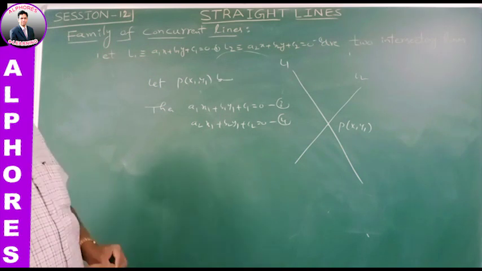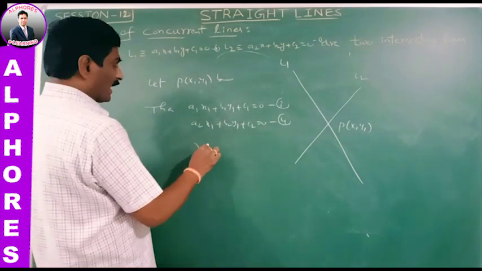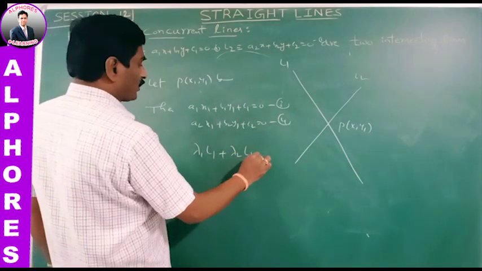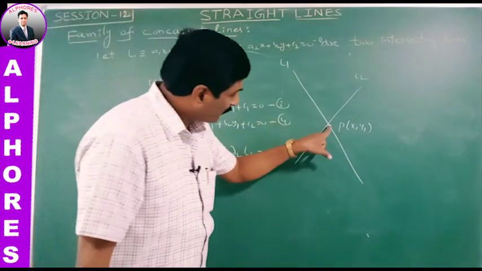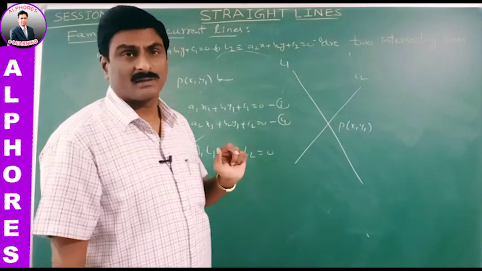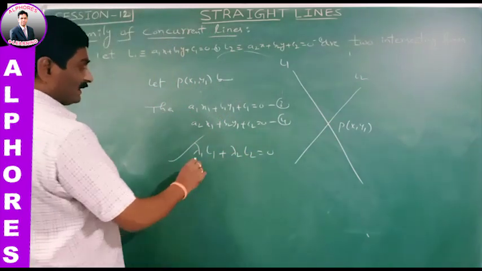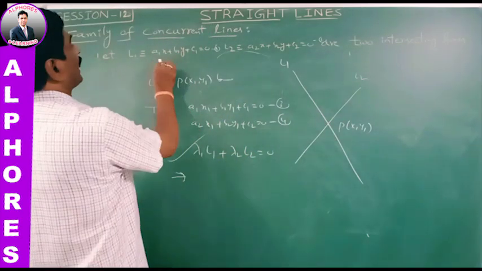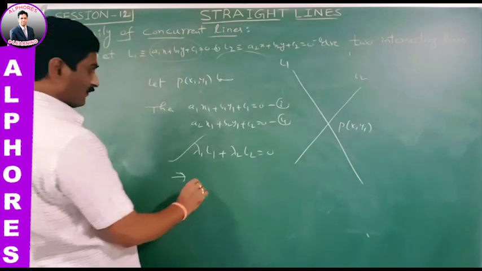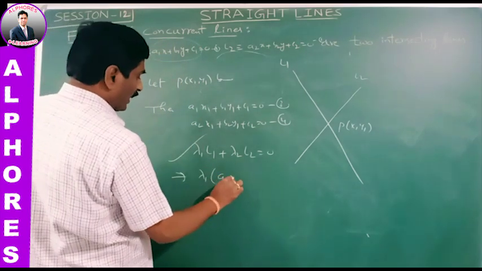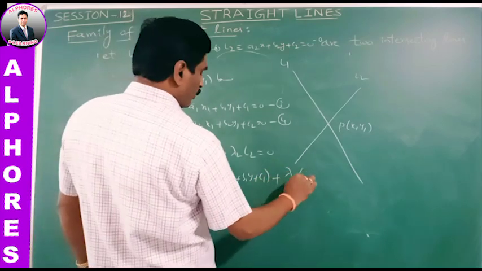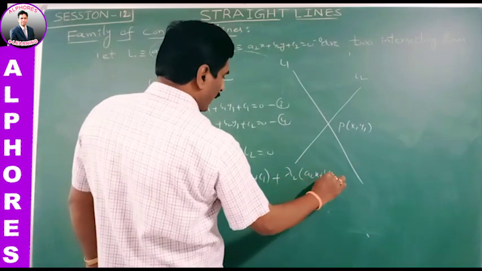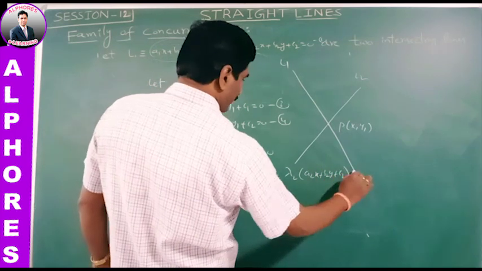Now we have to prove that lambda 1 into L1 plus lambda 2 into L2 is equal to 0 is a line passing through the point of intersection of these two lines. Please observe this point. What is L1? L1 means a1x plus b1y plus c1. So lambda 1 into (a1x plus b1y plus c1) plus lambda 2 into (a2x plus b2y plus c2) is equal to 0.